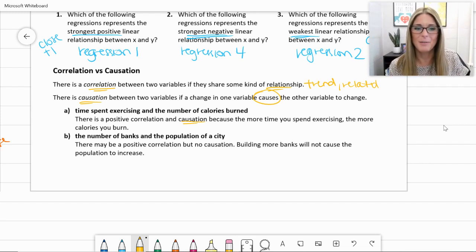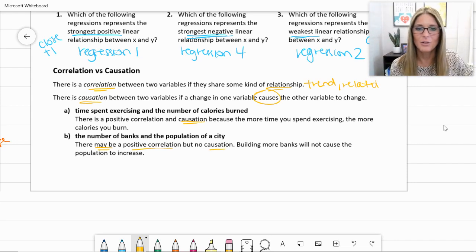Example B, the number of banks and the population of a city. Are they related? There may be a correlation. They even use the term there. There may be a correlation to the number of banks and the population of a city, right? A smaller country town might have 1 bank or 2 banks, where a metropolitan city may have many.